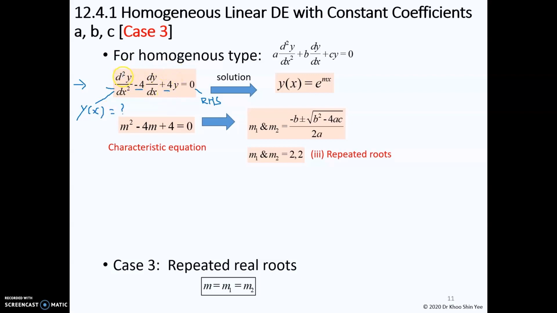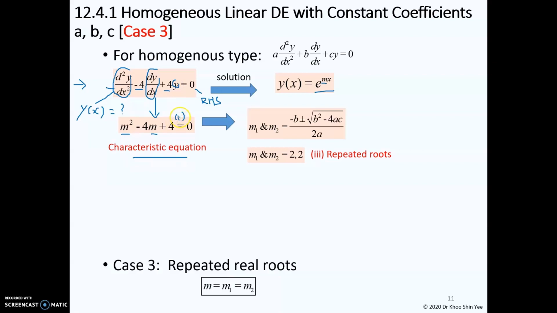So for this type of homogeneous ODE, you know that the solution is in terms of the exponential format. So you need to solve for the m root here. So you must continue to form the characteristic equation where you let y double prime equal to m squared, y prime equal to m, and y equal to 1.